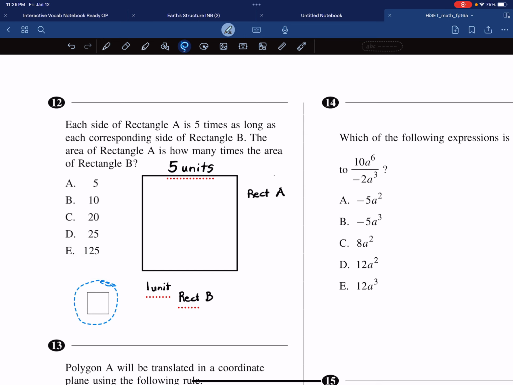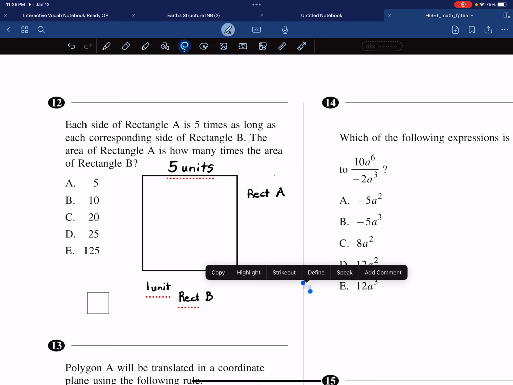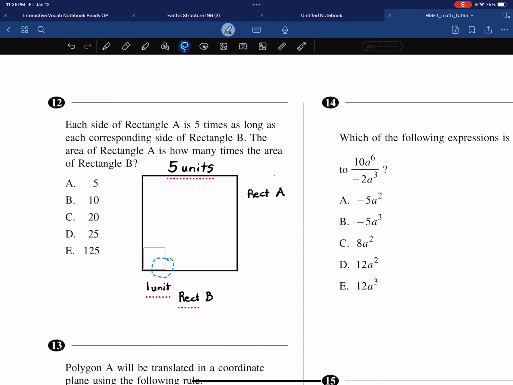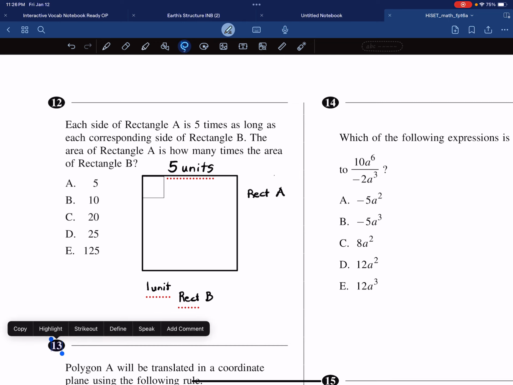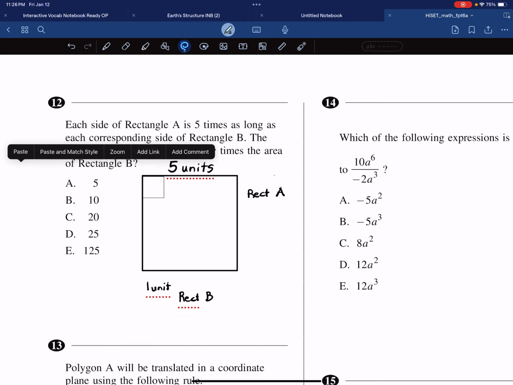Again, there we go. I'm using a new version of GoodNotes and it's not cooperating with me because I don't know what I'm doing. Let's try this again. Here's one of them. We know that this is 5 units. And it is not going to let me paste.